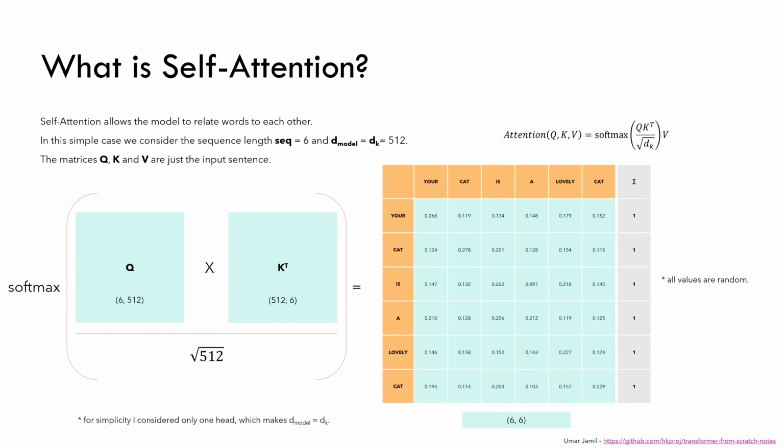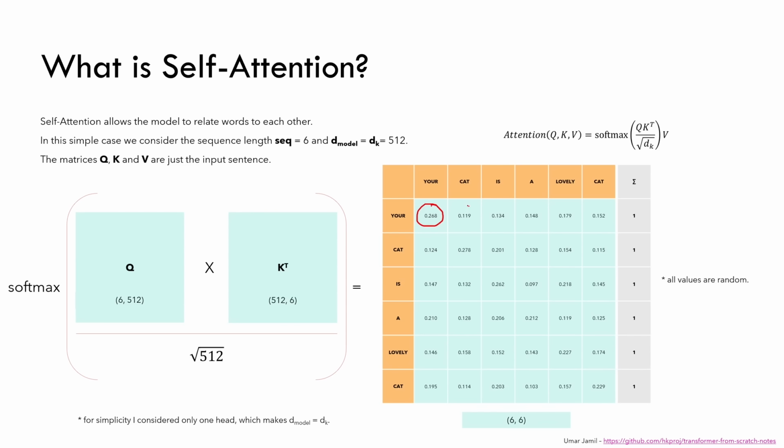The output of this, as we saw before in the initial matrix notations, is that when we multiply 6 by 512 with another matrix that is 512 by 6, we obtain a new matrix that is 6 by 6. Each value in this matrix represents the dot product of the first row with the first column.